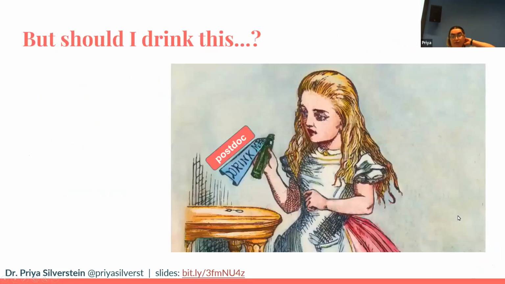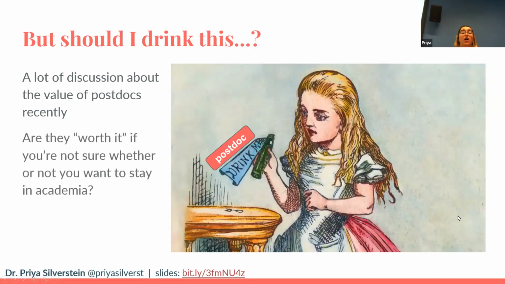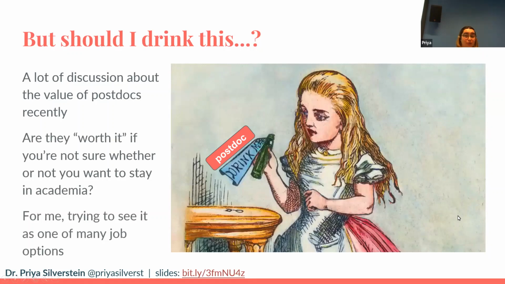But when I was offered the job, I had kind of mixed feelings about it. For those who are chronically online, like myself, you may have seen a lot of discussion about the value of postdocs and whether we're kind of being exploited. And also especially are they worth it if you're not sure whether or not you want to stay in academia? That's been a lot of the discussion as well. So for me, I'm trying to just see it as one of many job options.